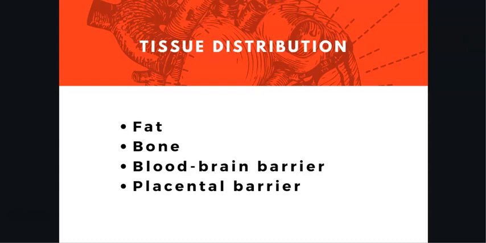It can go through fat, bone, the blood-brain barrier, or the placental barrier. Lipid-soluble drugs have a high affinity for adipose tissue, which has low blood flow. Some drugs have an affinity for bone, like tetracyclines. They're deposited in the bones and the teeth.